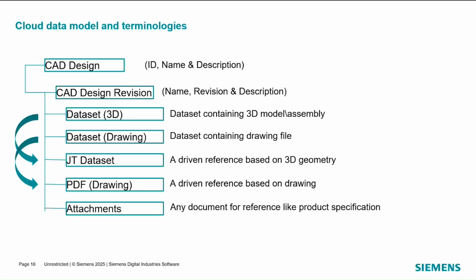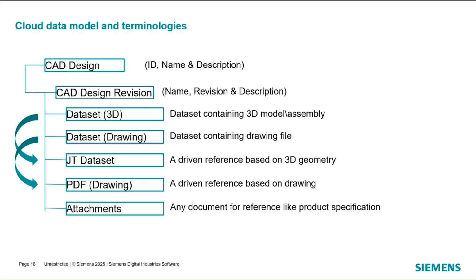With respect to the CAD design and CAD design revision, I have added some more information here, which basically summarizes the contents of a CAD design, which is an item, as well as the CAD design revision.